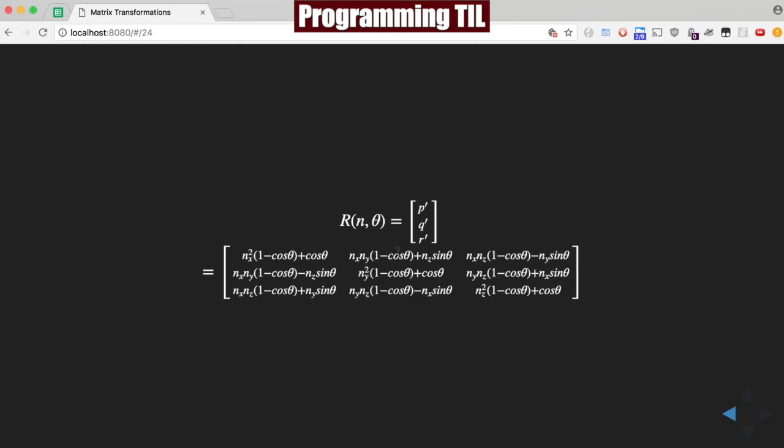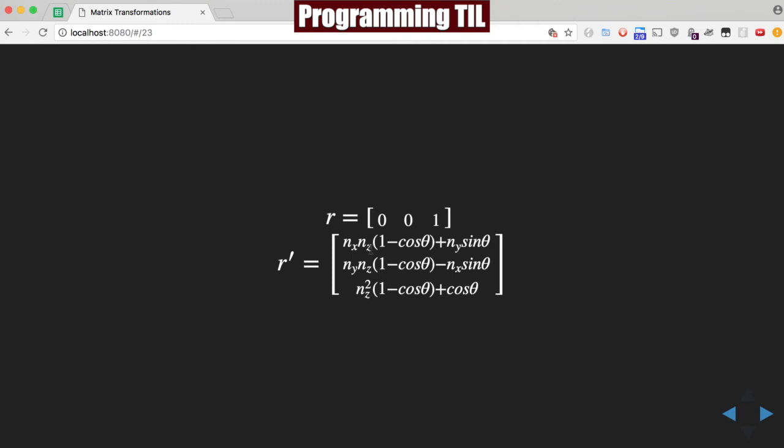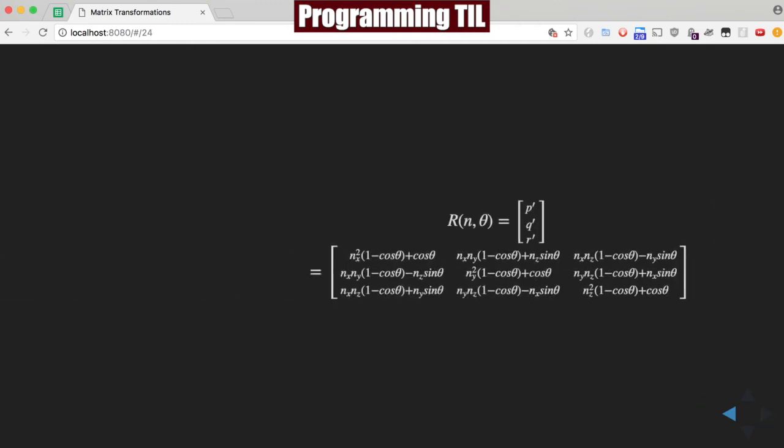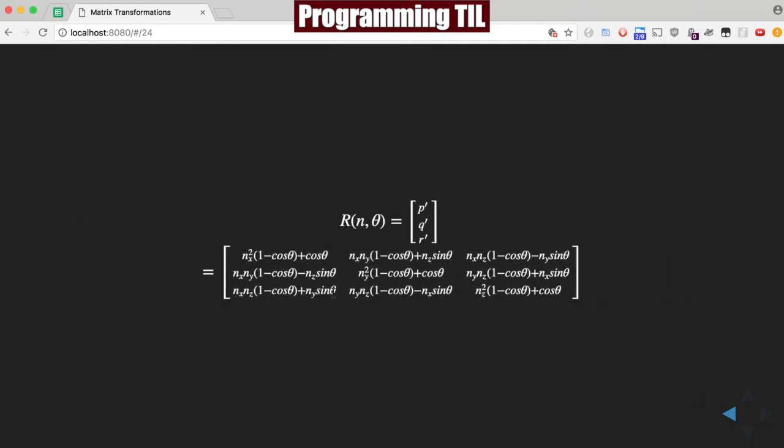So this top row here is p prime. Of course, we're showing them in column format here. They are row vector equivalents here, so we have this row vector of p prime, this row vector of q prime, and the row vector of r prime. And this is the formula that you can use to rotate around an arbitrary axis by theta degrees.